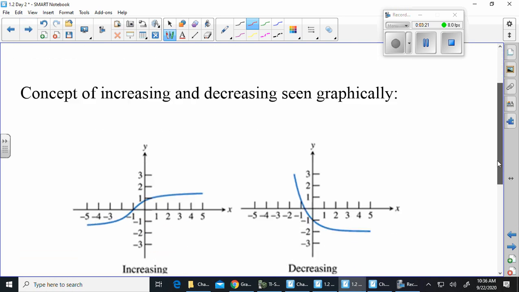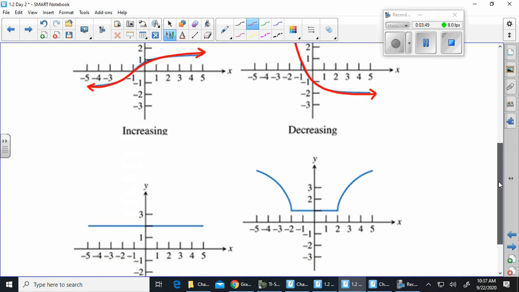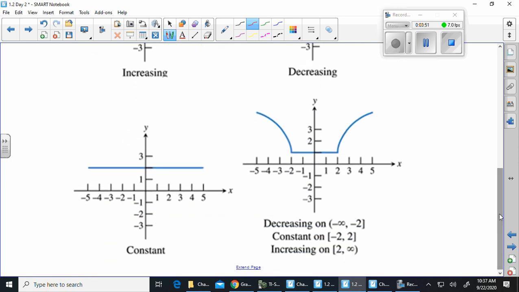So the concept of it, graphically, the thing you always want to think is you are moving left to right. Always. Left to right, that thing is increasing. Left to right, that is decreasing. If I look at the next one, that is constant, doesn't change.